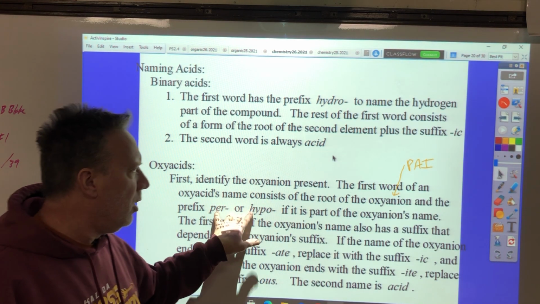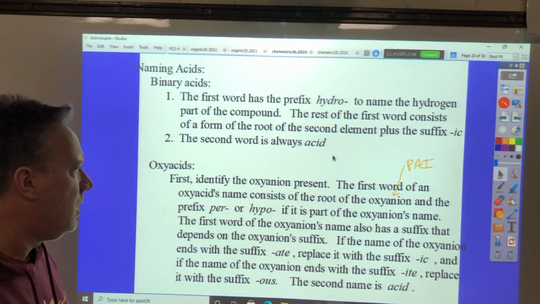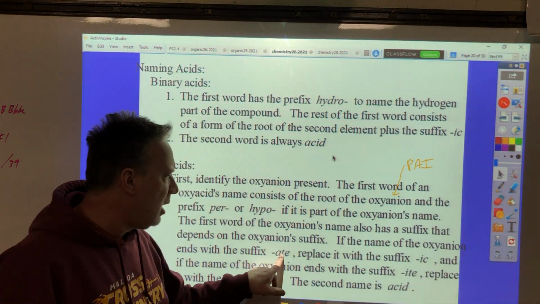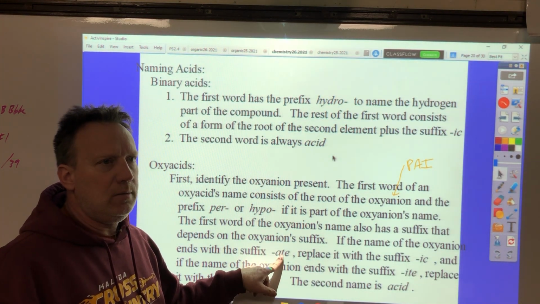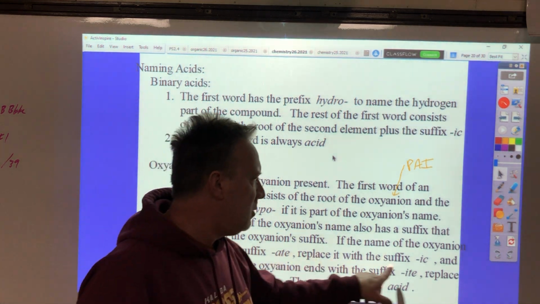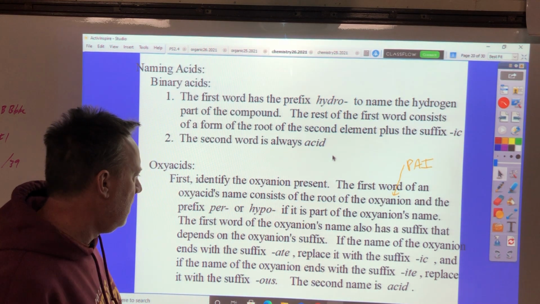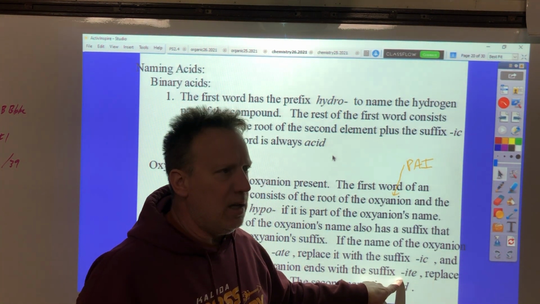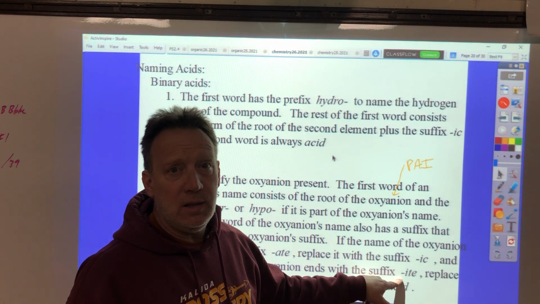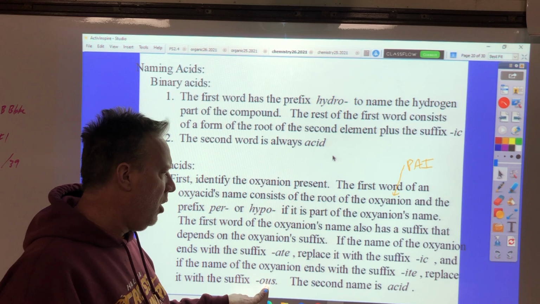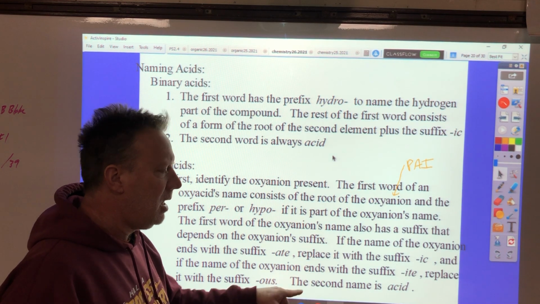If it's got a per or a hypo, you keep that. But if your anion ends in ate, like carbonate, sulfate, phosphate, the suffix becomes ic. If the name of the anion suffix is ite, like sulfite, chlorite, you replace it with os, O-U-S, and the second name is acid.